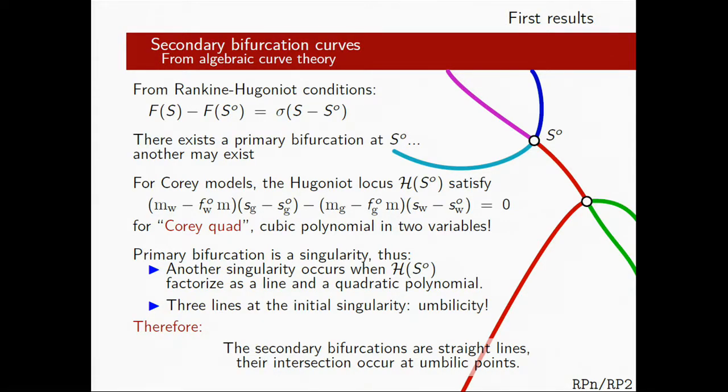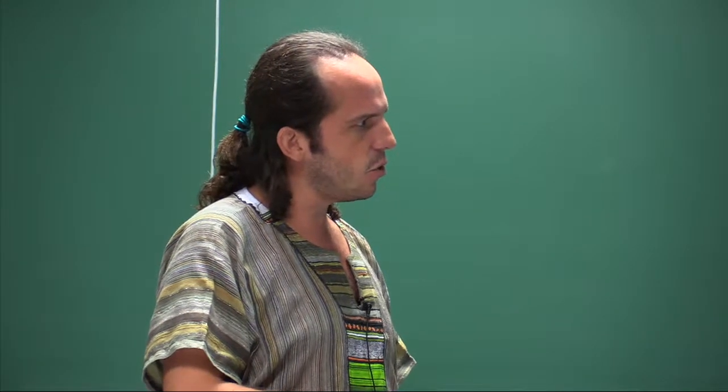This can be tracked with algebraic geometry theory. If you take, for example, the Corey model, what we call Corey quad, where the fractional flow functions are given by the square of the saturations, you can see that this is going to be a third-order polynomial.